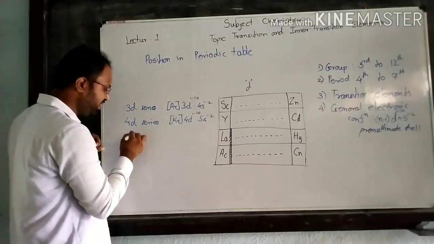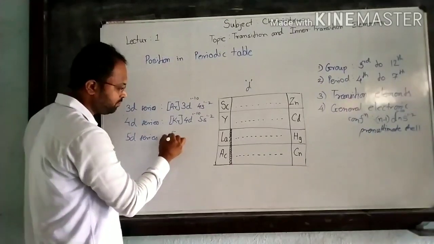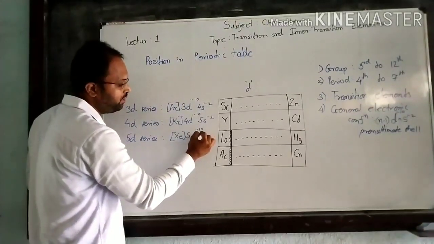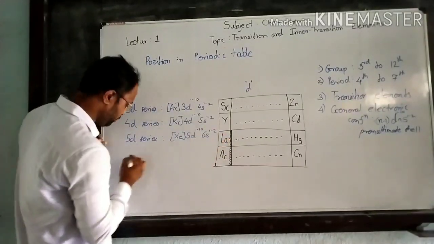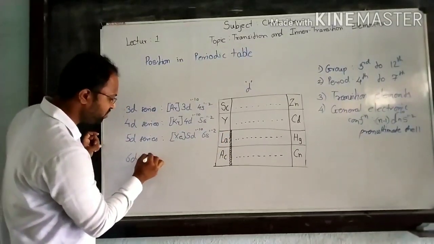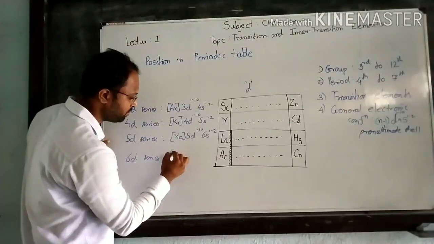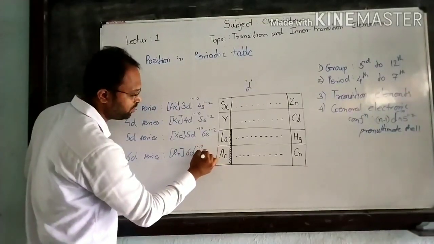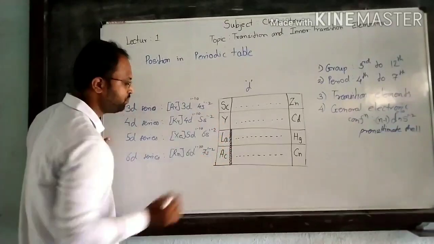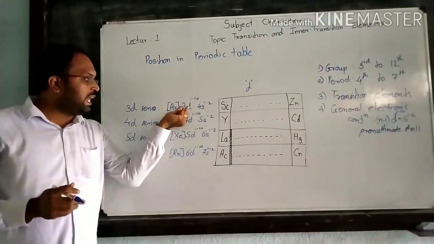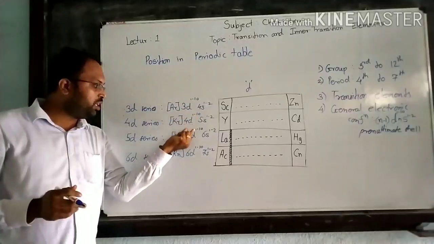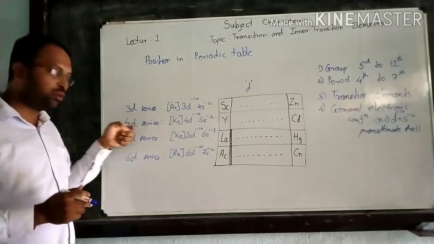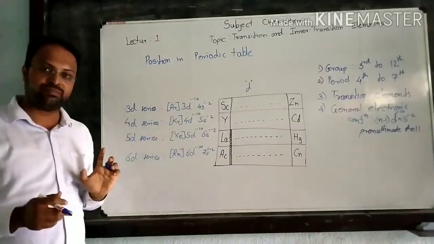For the 5d series, [Xe] 5d 1 to 10, 6s 1 to 2. And for the last, the 6d series, [Rn] 6d 1 to 10, 7s 1 to 2. Here, concentrate on the last electron entering the 3d, 4d, 5d and 6d subshells. So the names are 3d series, 4d series, 5d series, 6d series.